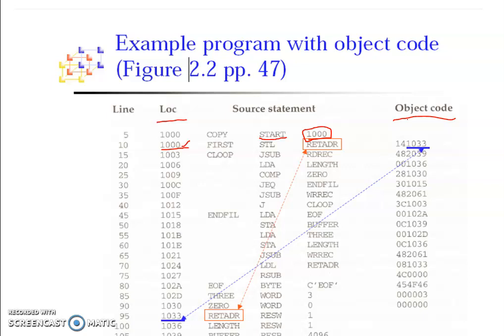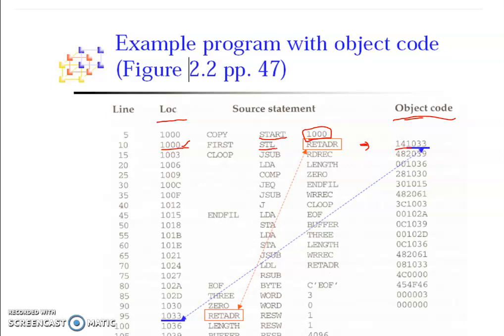The object code will be generated based on the instruction given. How it is generated in detail you will learn later. For the time being, for understanding, you can just understand it like this. STL is an opcode. For every opcode, there is a machine equivalent code defined for the SIC as well as SIC/XE.